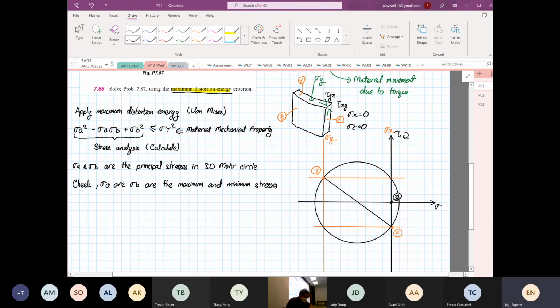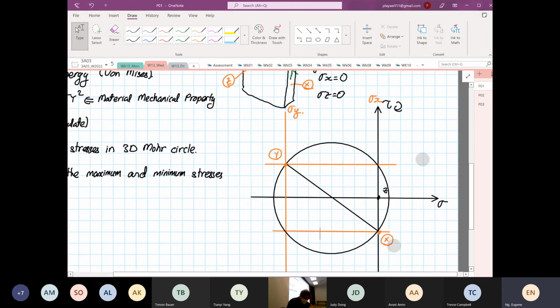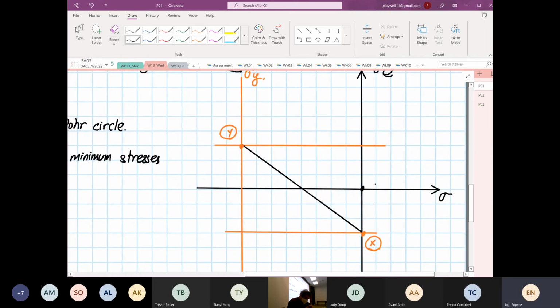And then if we were to construct the other two circles, pardon me, let me get rid of Z. I don't want Z to be there. Let me put Z out here. And now construct Mohr circle again.